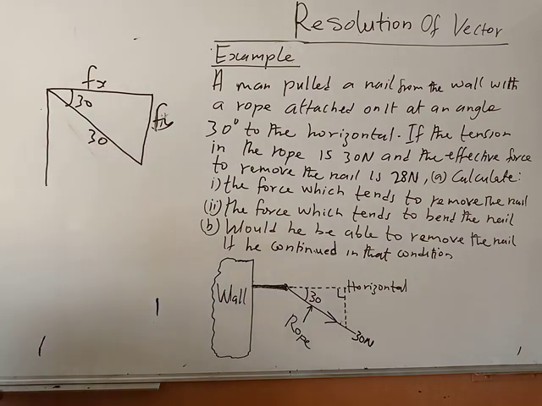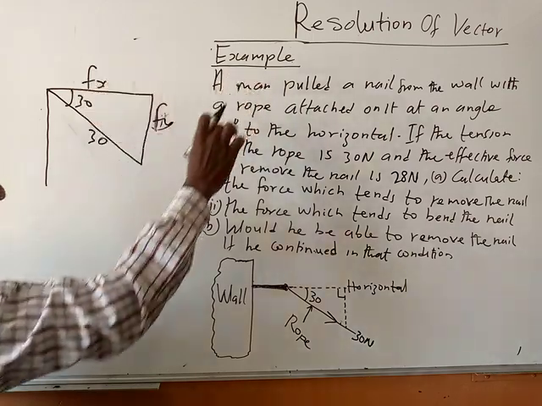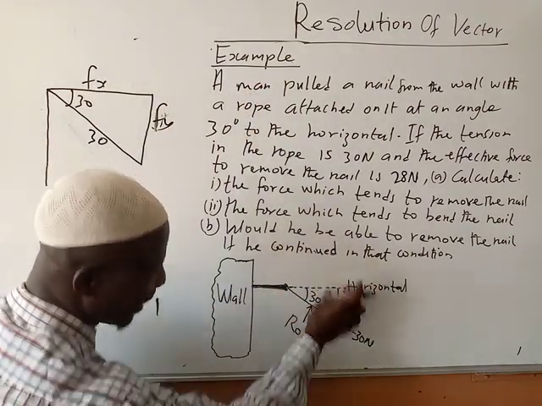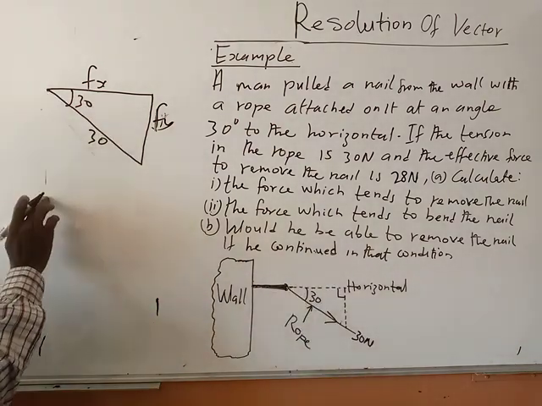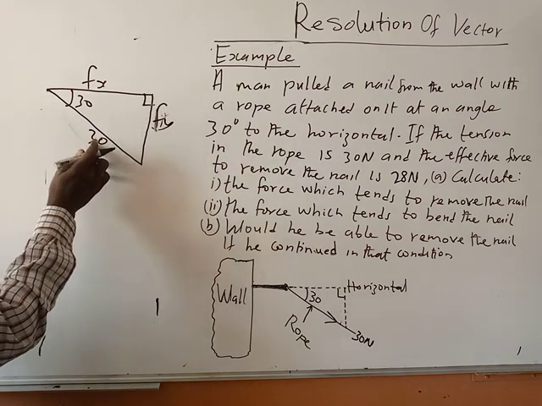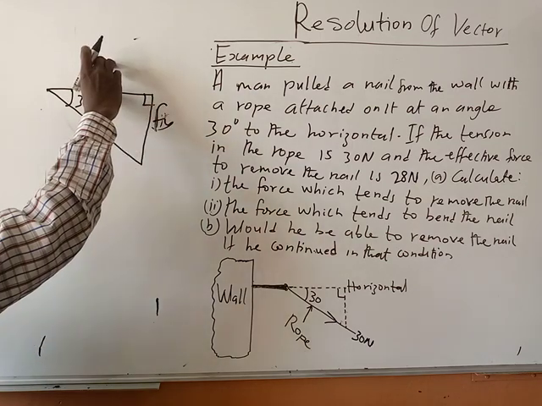Now, the horizontal component is the effective one that is removing the nail, while the vertical one is bending the nail. Now, we have this triangle, this one has 90 degrees, this is the hypotenuse, then this is opposite, this is adjacent.